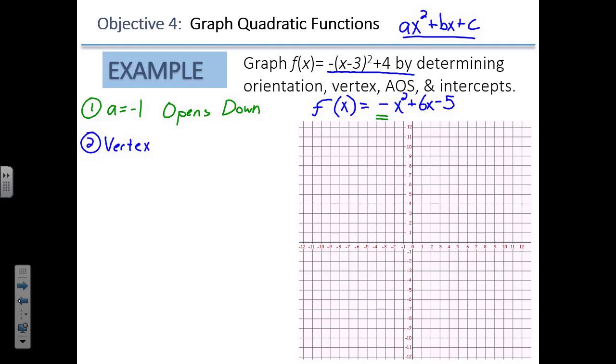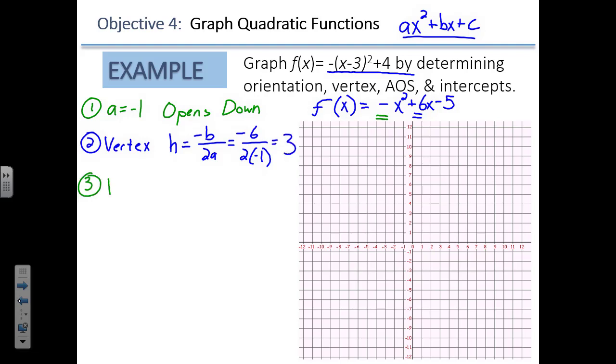So the h value of our vertex is the first part of the quadratic formula, negative b over 2a. We just don't have the plus or minus square root there. And in this case, that is negative 6 over 2 times negative 1, since our b value is 6. And that works out to be 3.